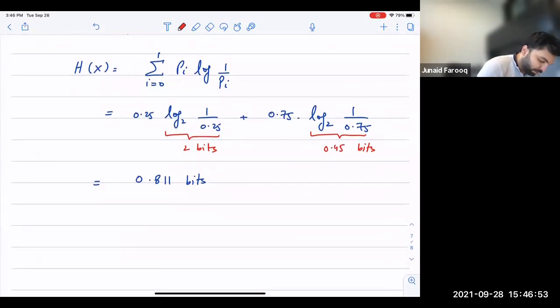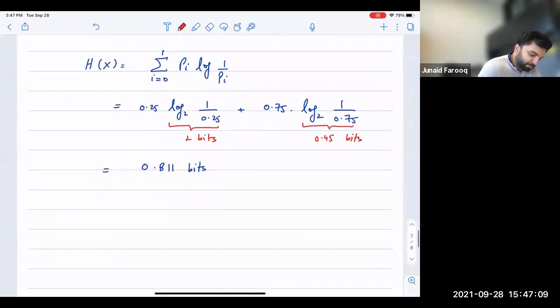Now, since we know the probabilities of the input, there's less information content, or element of surprise. Another question: why is it log 2? Can it be log 3? Yes, it can be any base of the log, but then the results will be in a different unit.